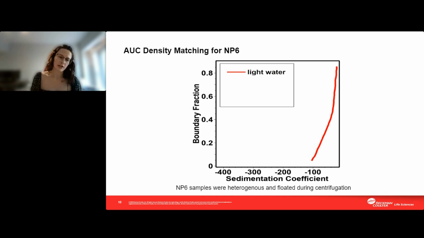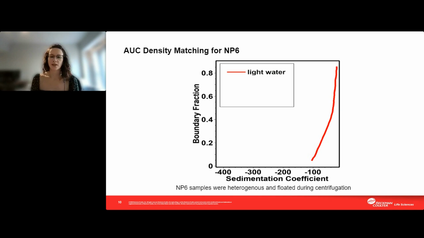The boundary fraction goes from 0 to 1, or 0% to 100%. So if you were to draw a line across at 45%, where we have that elbow bend in the sample, you could say that 45% of the sample is sedimenting or floating faster than the other 65%.